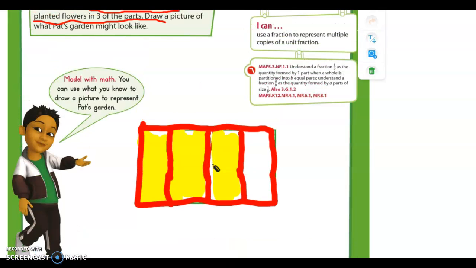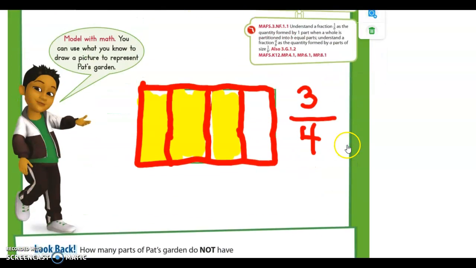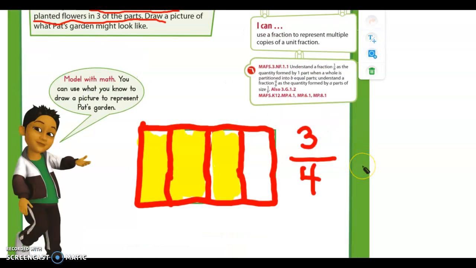So, if I asked how many of the parts of her garden did she plant plants in, you would know to tell me that 3 out of the 4, or 3/4 of her garden, had plants. What if I said how many don't have plants in them? So this 3/4 right here tells me this one, and this one. But if I asked you what fraction doesn't have plants in it, what would you tell me?